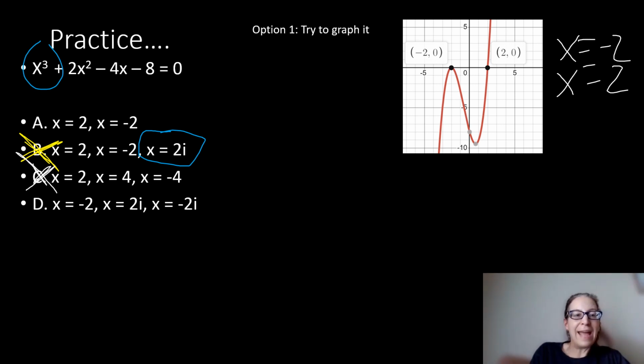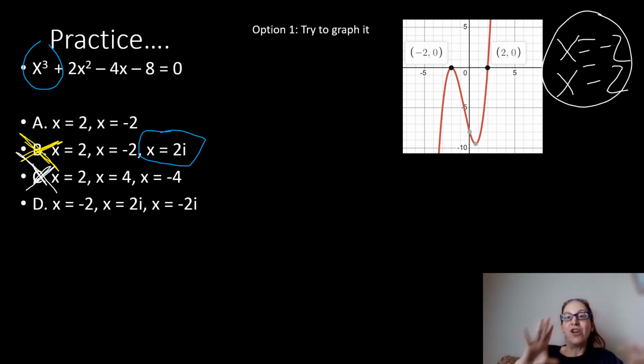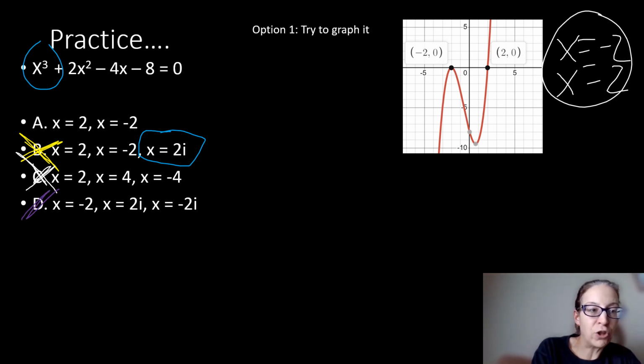Okay, and I can eliminate answer choice D because I see x equals -2, but I don't see x equals +2. Those 2 things over here on the right, I know 100% certain have to be in my answer choice selections. So D does not have the answer choice of x equals 2.